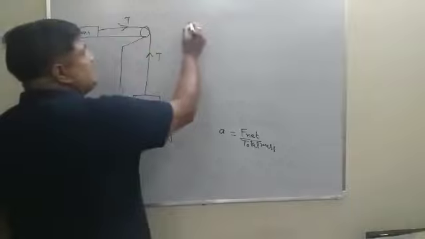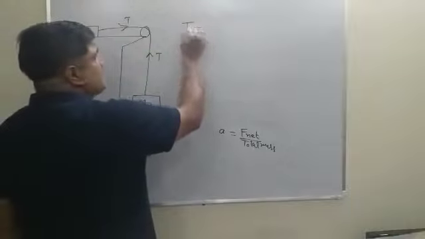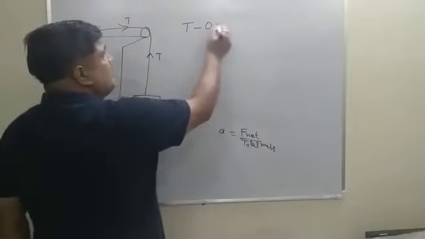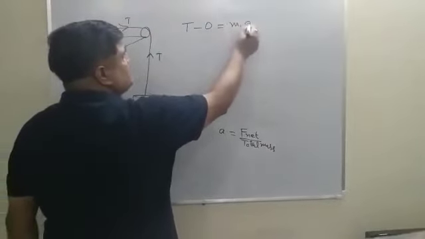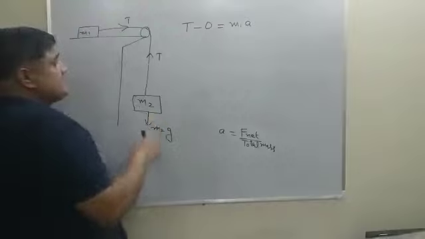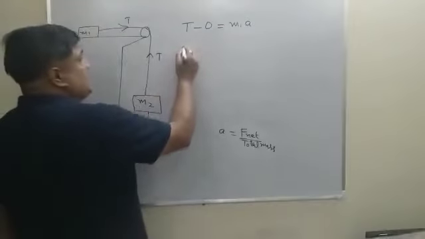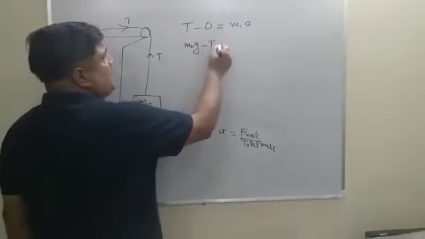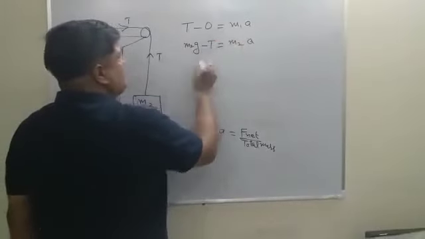So here supporting force is T, opposing force is 0 because the surface is frictionless, and you will say it is net force. In this case, for mass M2, M2G minus T is equal to M2A.